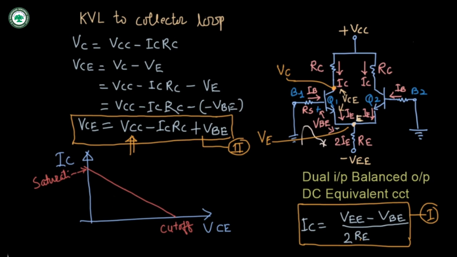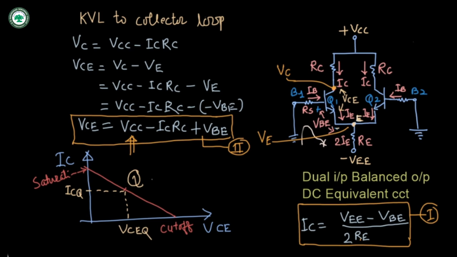So in between the saturation and cutoff points, we will have somewhere the quiescent operating point Q, and if we extend this Q point coordinates onto the x and y axes, we will have this ICQ, that means the quiescent point current, and the quiescent point voltage, that means VCEQ.